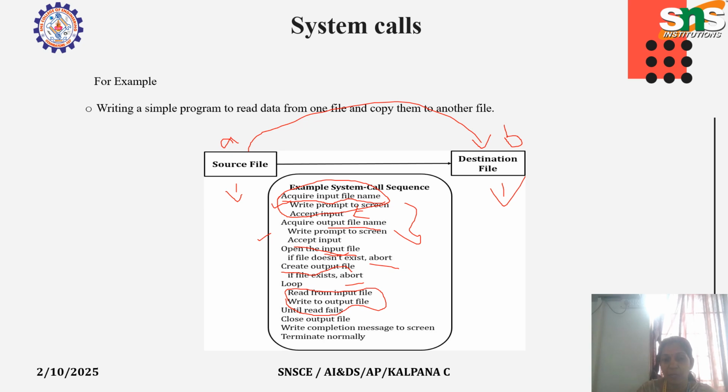Once it is done, we close the output file and then terminate the program. So this is the process we carry out for just copying a source file to a destination file. See, this many sequence of operations are carried out. So this is just an example of system calls to understand.